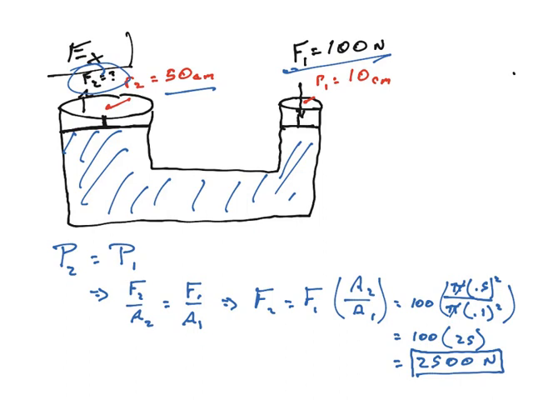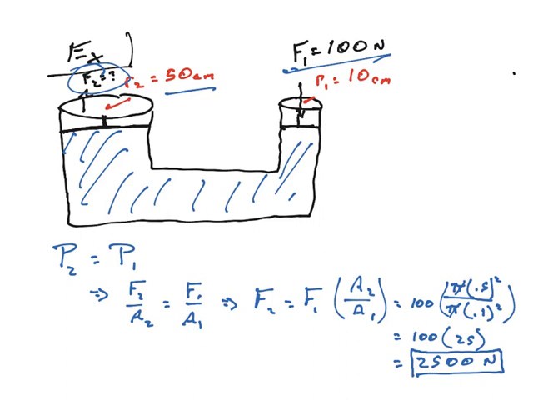And so this is very nice. This means I could design machines, like let's say I own a mechanic's garage and I need to get under the cars. Well, obviously, I'm not going to lift the car by hand, and maybe I don't want to use a jack or something like that.